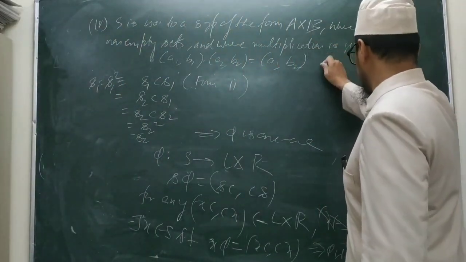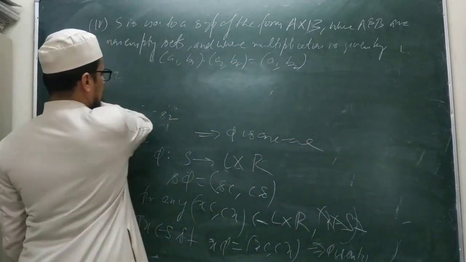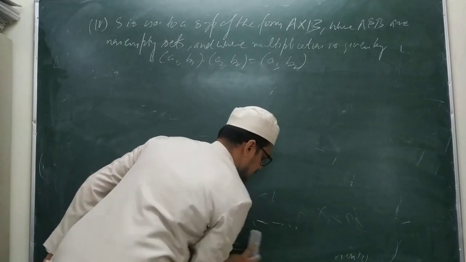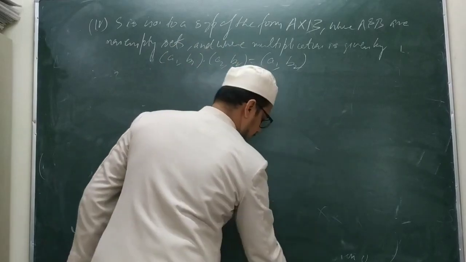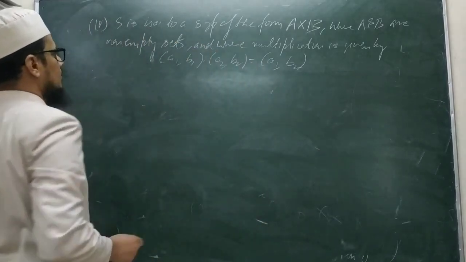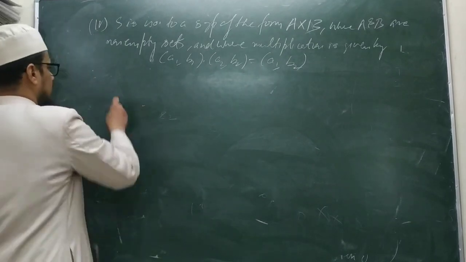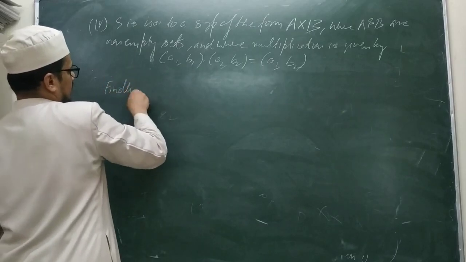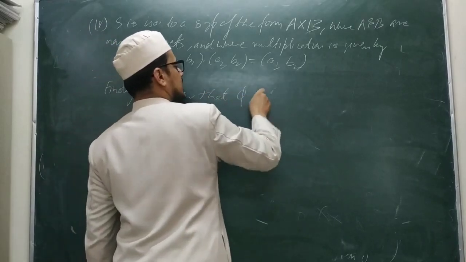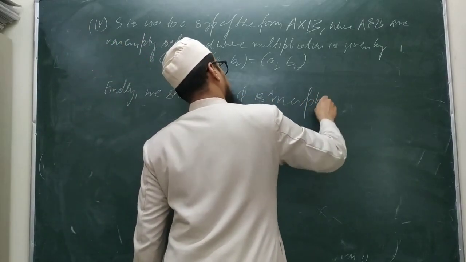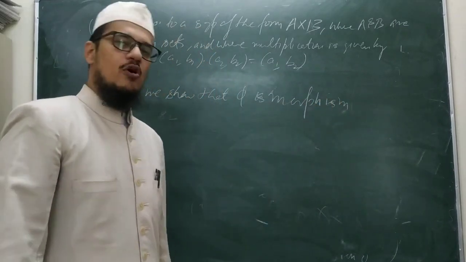Finally, you have to prove that phi is homomorphism. Finally, we show that phi is morphism. We use this term as morphism, not homomorphism, morphism.